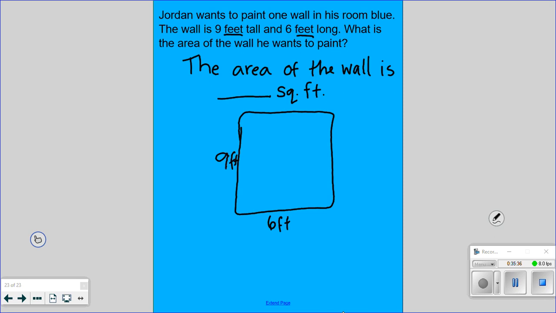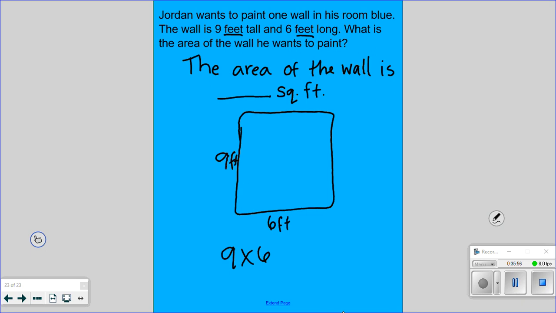We are not drawing boxes though. If you drew boxes, fine, but we need to get away from that. We need to start using our other math ideas to help us. Michael's right. We have a 9 by 6 array.